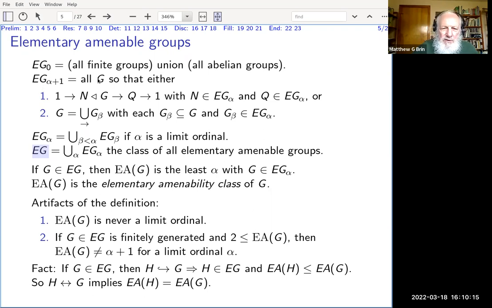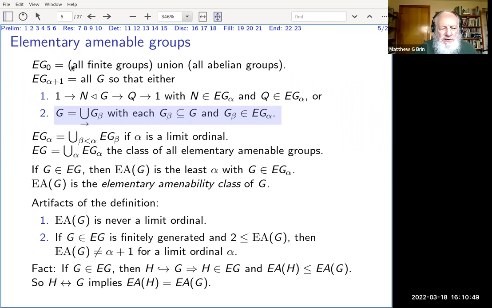And to get a group in a new class, you can do it either of two ways. You can either do an extension with a normal subgroup and a quotient coming from the class before, or you can do a directed union where all of the subgroups come from classes that have come before. And hopefully this makes clear that the groups in one class all appear in groups of the next class, because you can always extend by the trivial group, or you can always use as one of your subgroups the group itself.